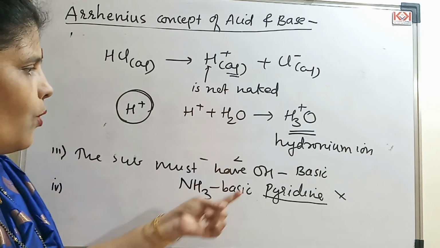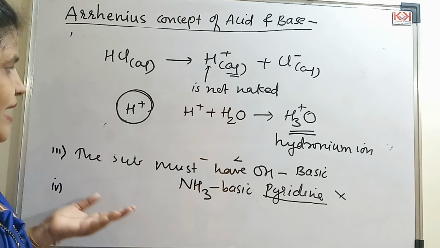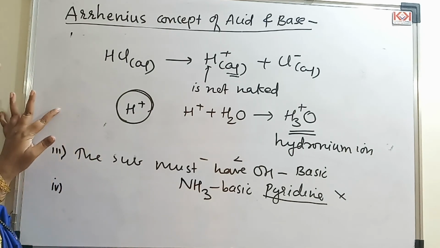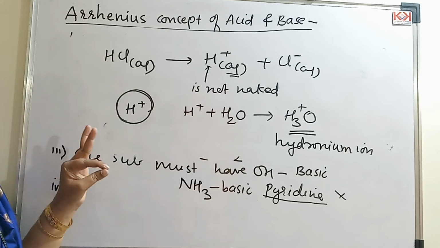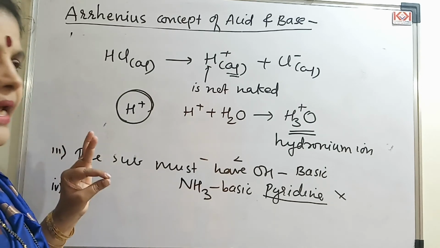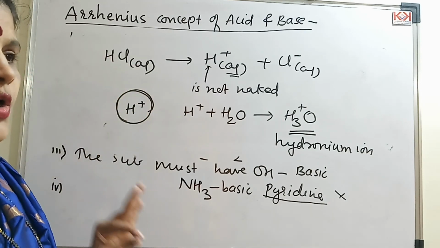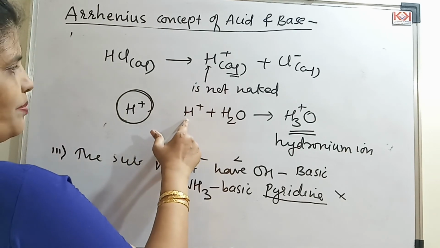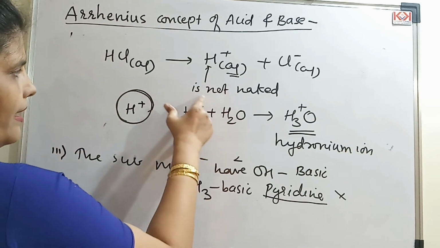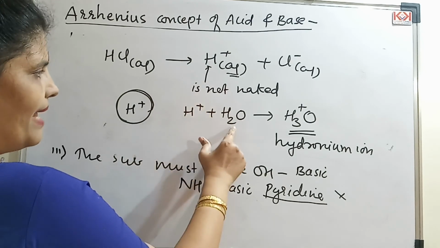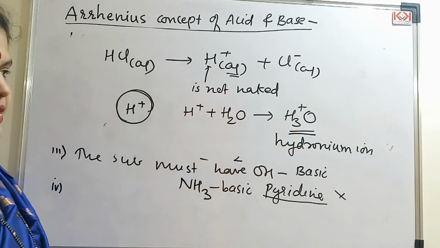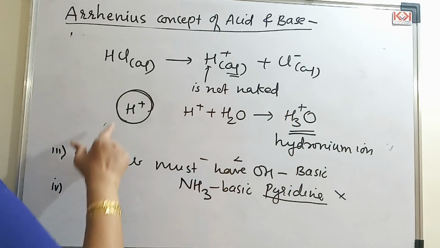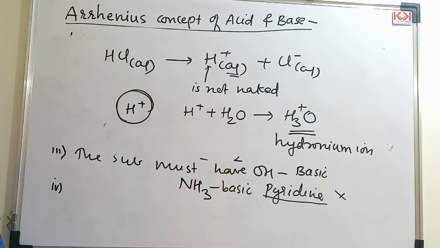Substances which do not have OH in them cannot be classified as bases according to Arrhenius. And the last and very important limitation, that H plus ion is never free or naked, because every ion is always solvated or hydrated, and therefore H plus must be surrounded by water, and it must exist in the hydronium form, that is H3O plus. This was the fourth limitation to Arrhenius concept.